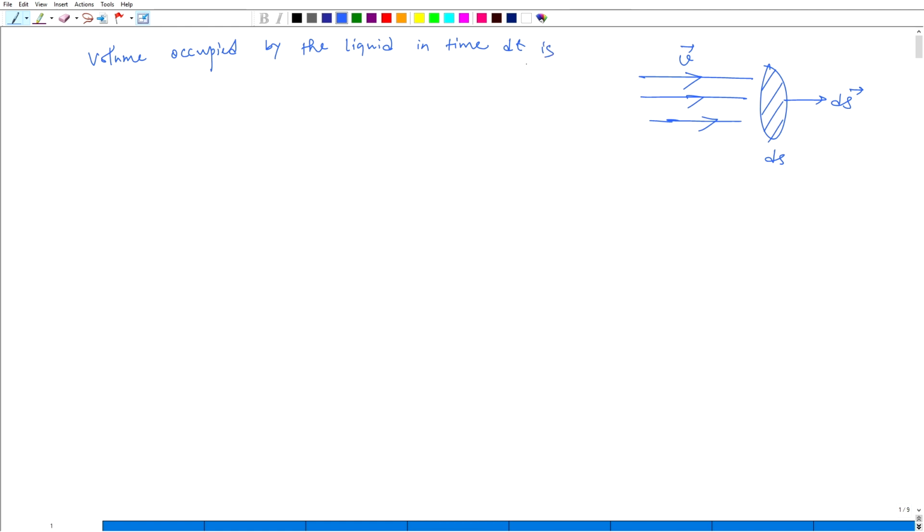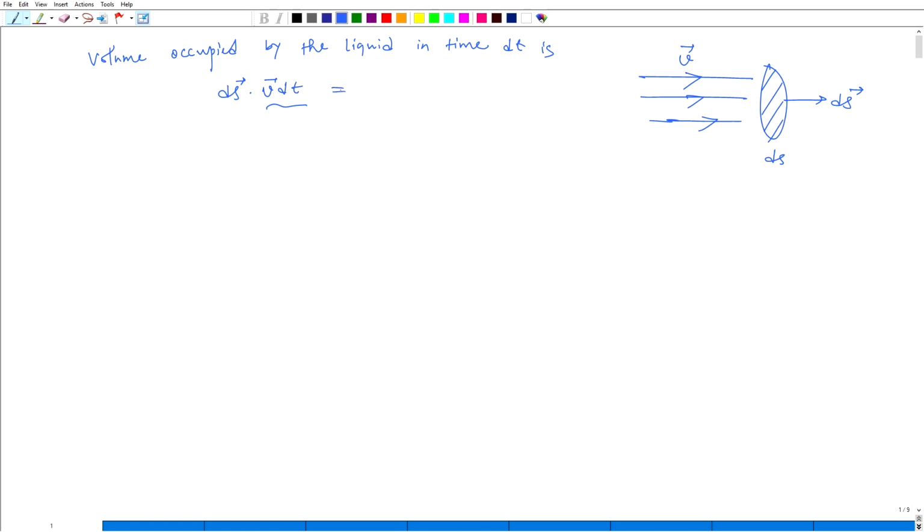This is the ds vector. Since the surface area is ds, what is the length? In dt time, if the velocity is v, the length is v times dt. So the total volume is ds times the length, the distance covered by the fluid in time dt, which is v dt.